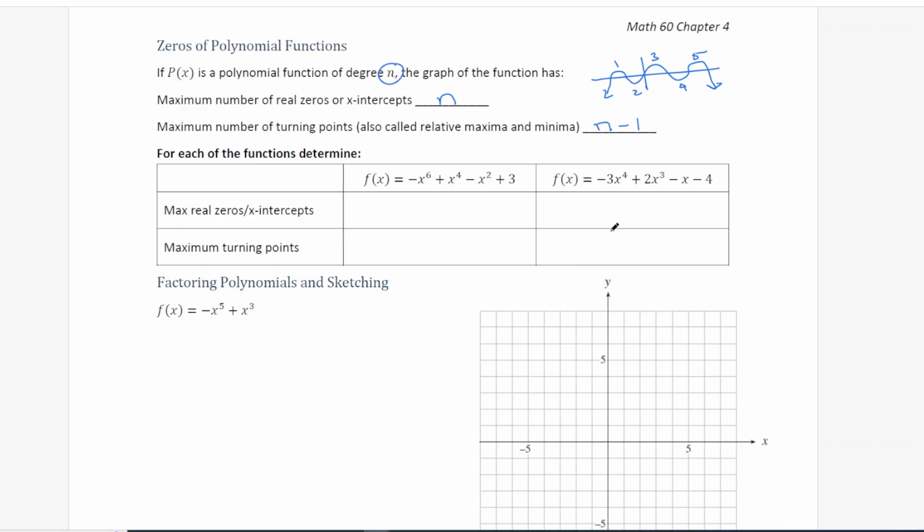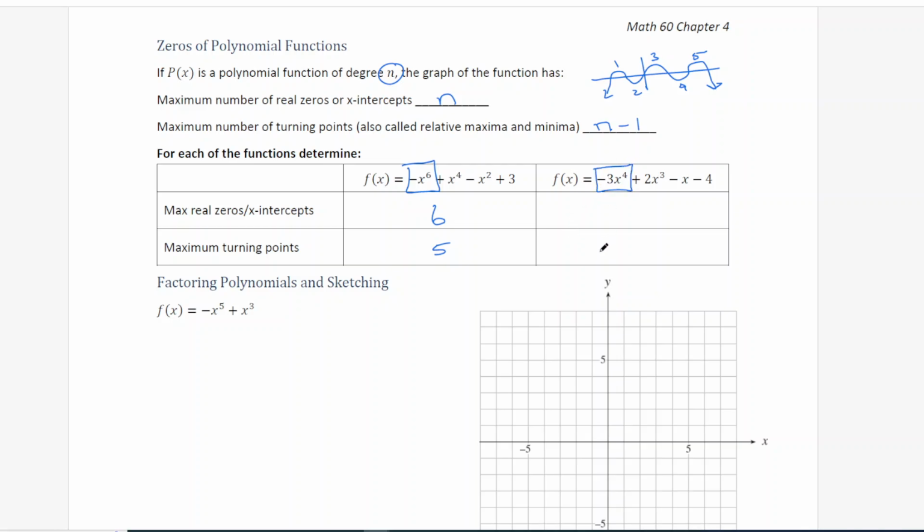Okay, so this is just a random question in your textbook, just making sure that you got that theory. So for this one, again, you're using your leading term. So this one has a highest exponent of 6, or highest degree of 6. So this would have 6 max real zeros, and there'd be 5 turning points. What about the next one?